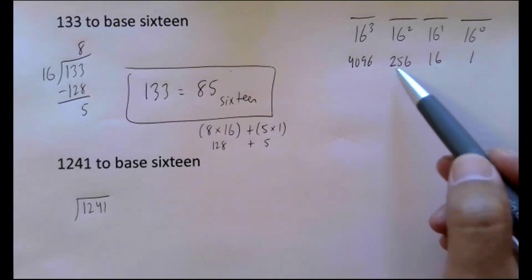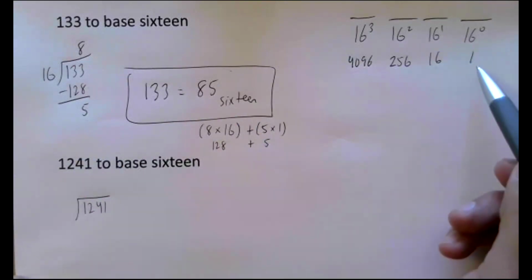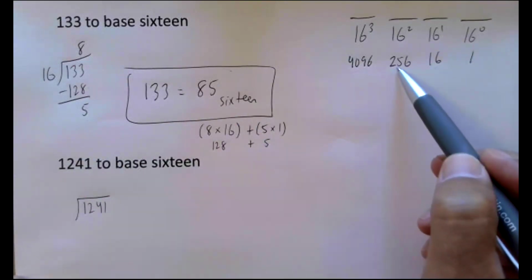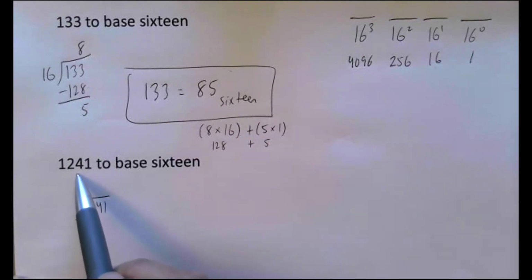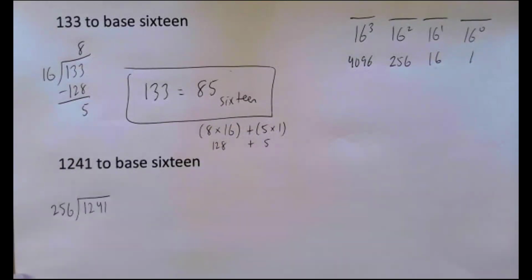So find the biggest number that's not bigger than the number you're dealing with, and divide. So divide 1,241 by 256. You should find that it goes in 4 times. It's 4 point something, but ignore the decimal part.